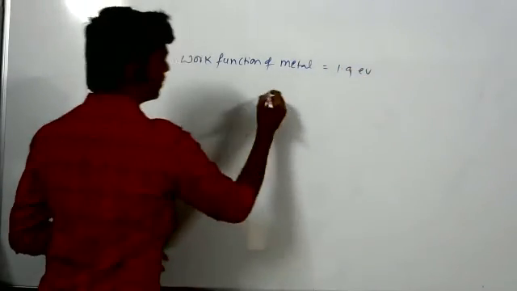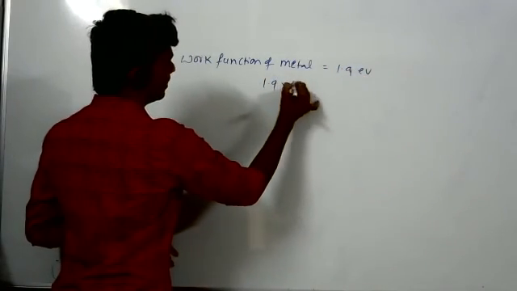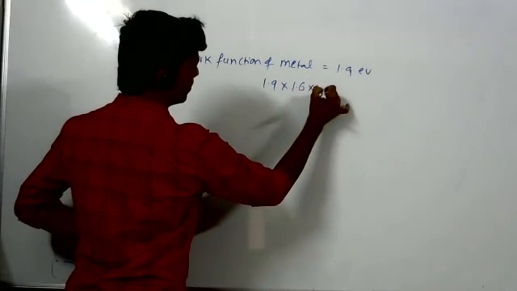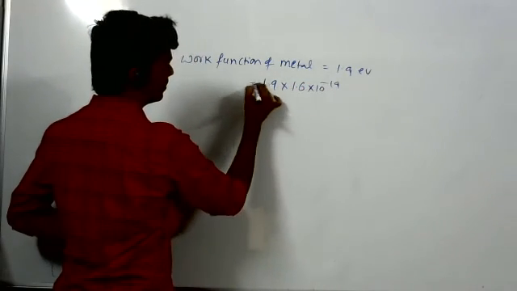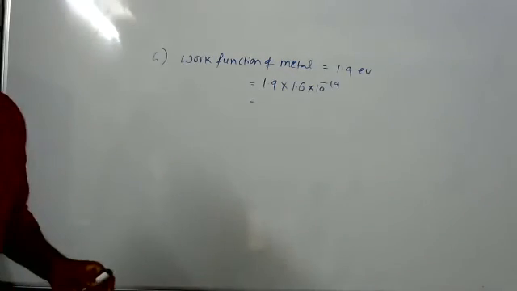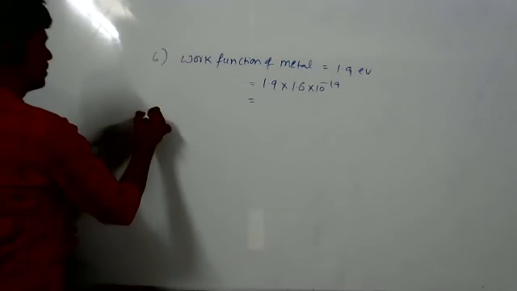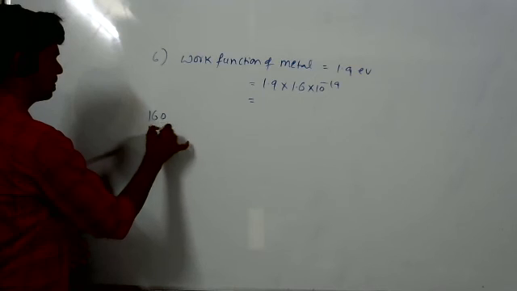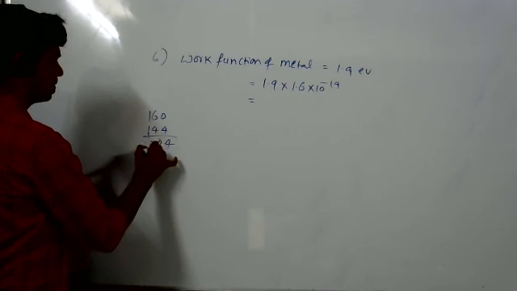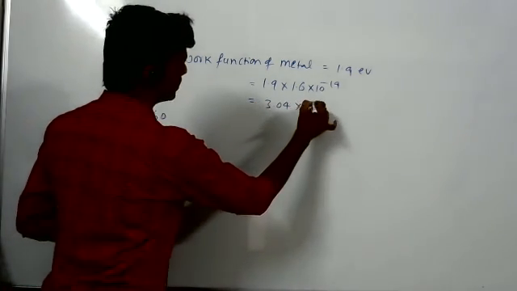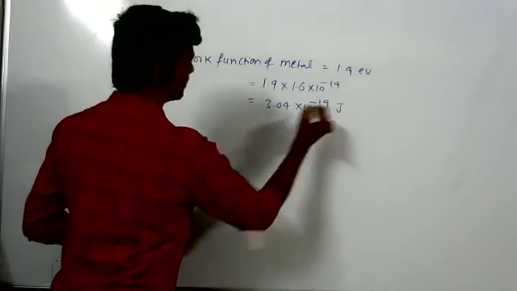So convert this into joules: 1.9 into 1.6 into 10 power minus 19, which is 3.04 into 10 power minus 19 joules.